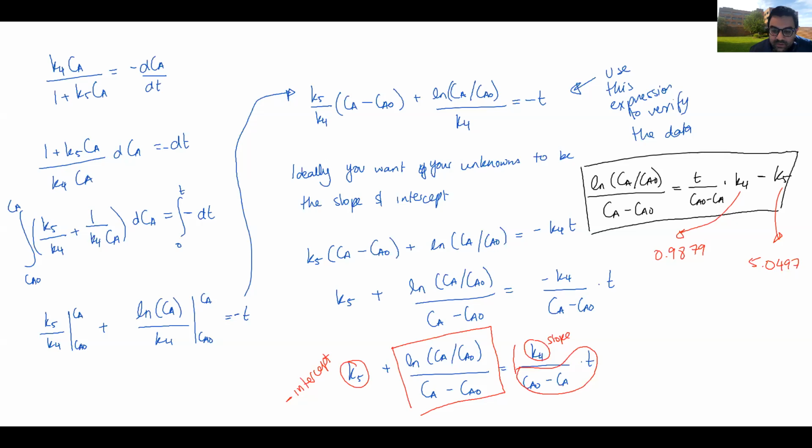We said that K4 is K3 CE0 divided by CM, right?